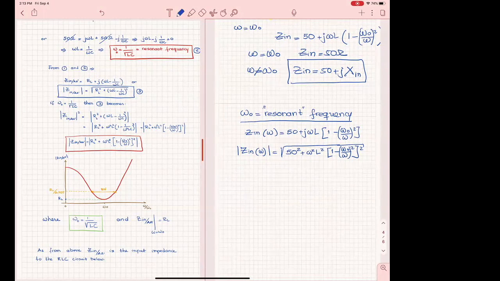Now, if you were to plot this, what you see is the following. Usually when I have functions like that and they are complex, I'm trying to find how they look when omega is 0 and how they look when omega is infinite.